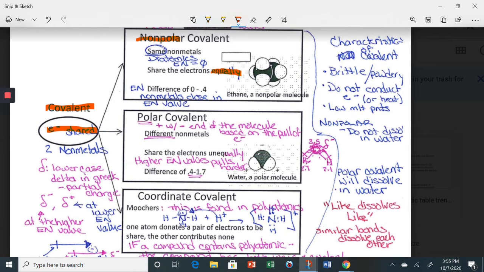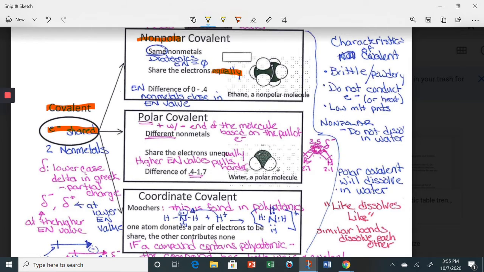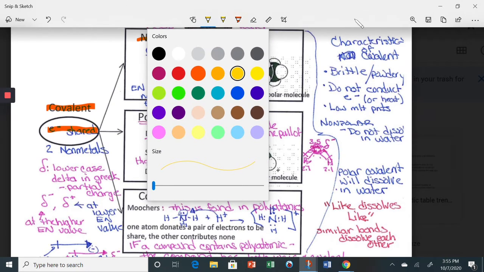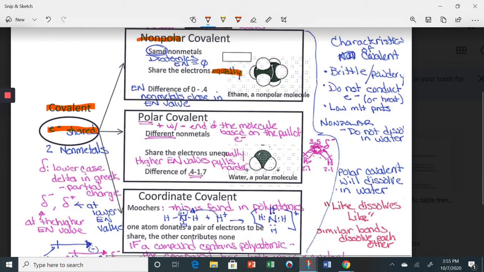When you make a bond and electrons are shared, you can have two atoms of the exact same identity. The electronegativity will be exactly the same because they're the same identity.